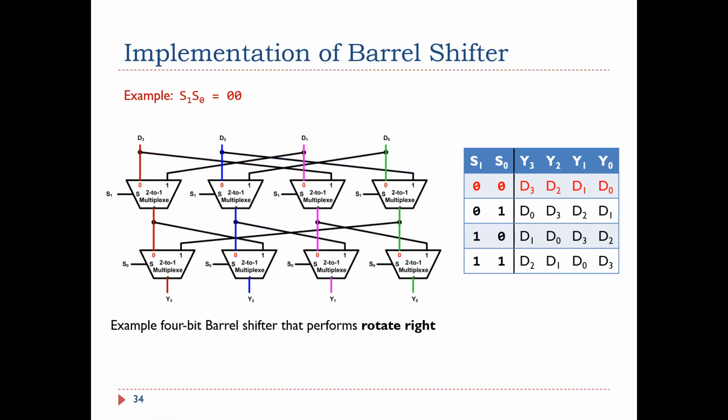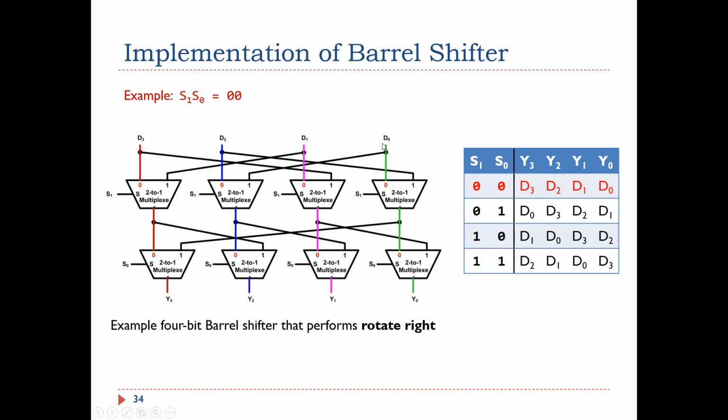So let's assume that our switching inputs S0 and S1 are 0, 0. Both of them are 0, and the input is D0, D1, D2, D3. Let's see what you get for D0.